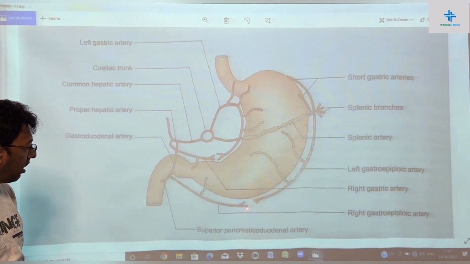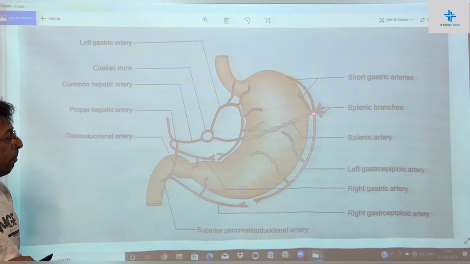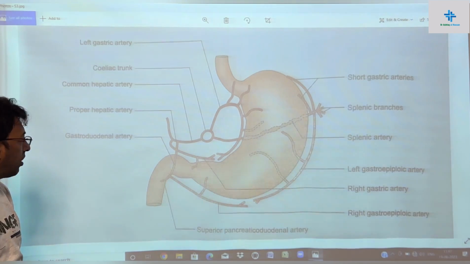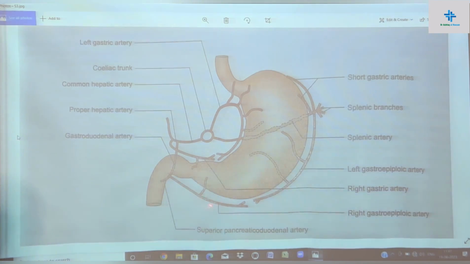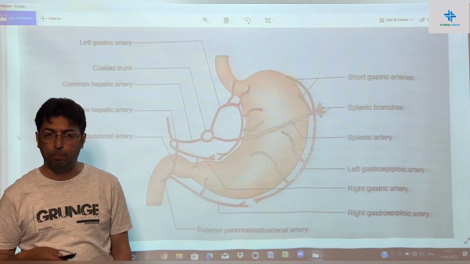This is the right gastroepiploic artery, and this is the left gastroepiploic artery. The left gastroepiploic artery is a branch of the splenic artery, and the right gastroepiploic artery is a branch of the gastroduodenal artery. So you have to remember which vessels, and they happen to be branches of which vessel.